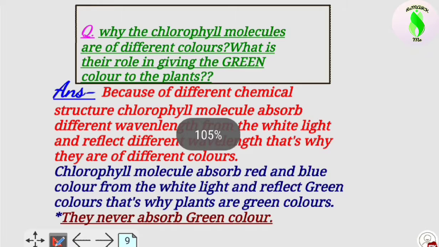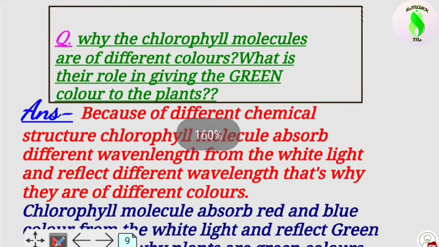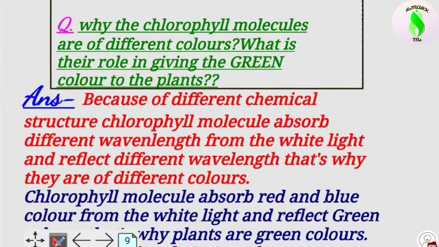The other point is about some common questions about the chlorophyll molecule. Why are chlorophyll molecules of different types? What is their role, and why is it green, and why does it give the green color to plants?